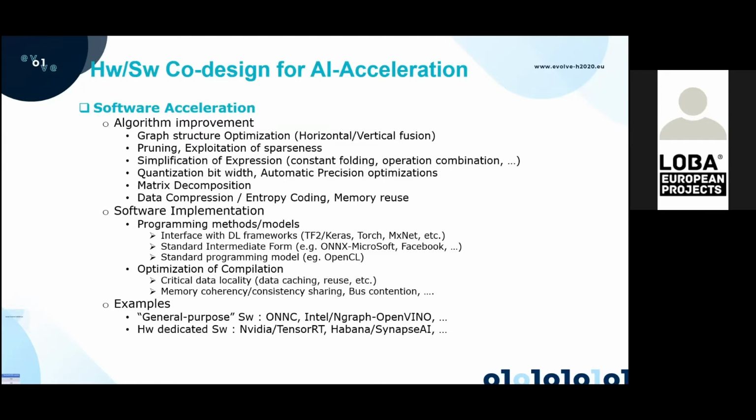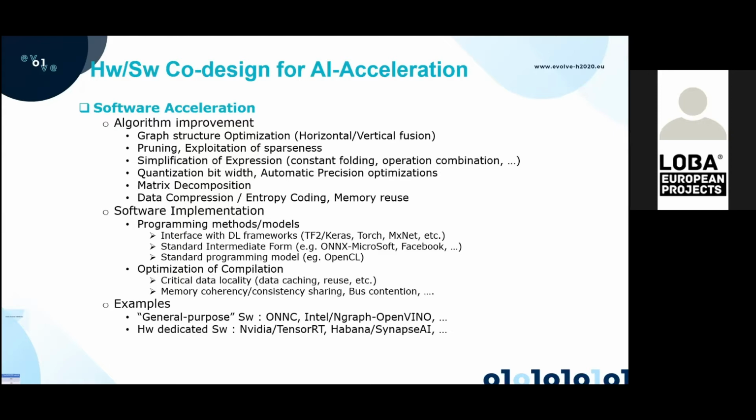For the software part, what are the main characteristic features used in order to accelerate those AI applications? First of all, the first point is to improve the algorithms you have defined, for example, using some standard framework like TensorFlow, PyTorch, etc. So the algorithm, as it is defined, has to be improved afterward. For which kind of criteria?